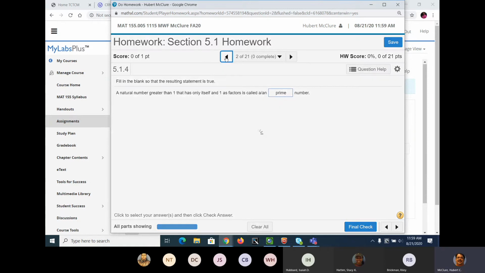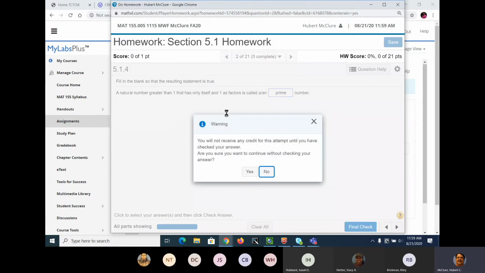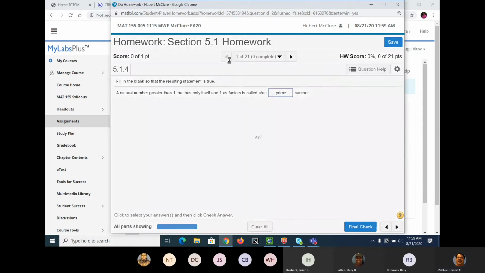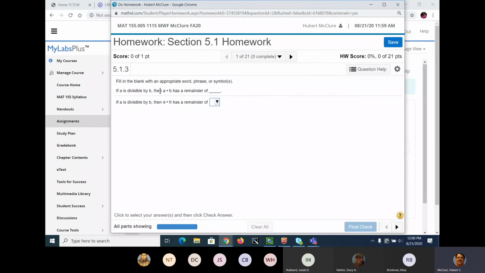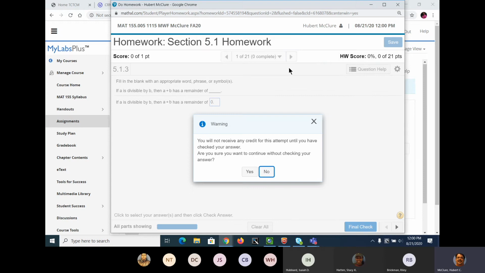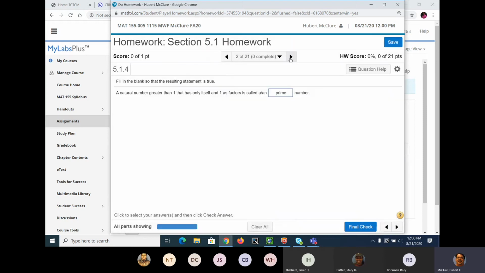Why do they have to make things so complicated? If A is divisible by B, then A divided by B has a remainder of, there's no remainder. See, some of these questions are just so silly or easy that they can be difficult.